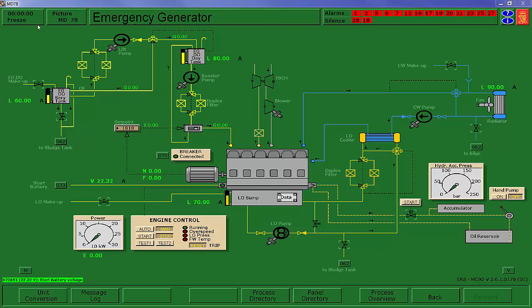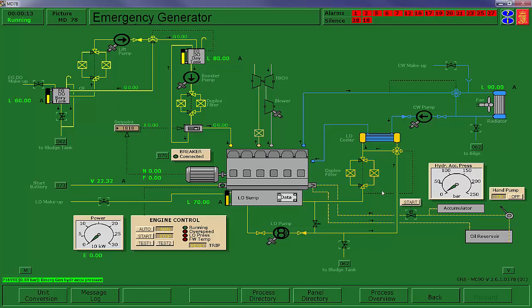All right, to start the simulator up, I'm going to select the page and hit F1. You'll see it go from freeze to running. F2 would put it back in freeze, and you see the clock has started. We're going to start charging the hydraulic accumulator.